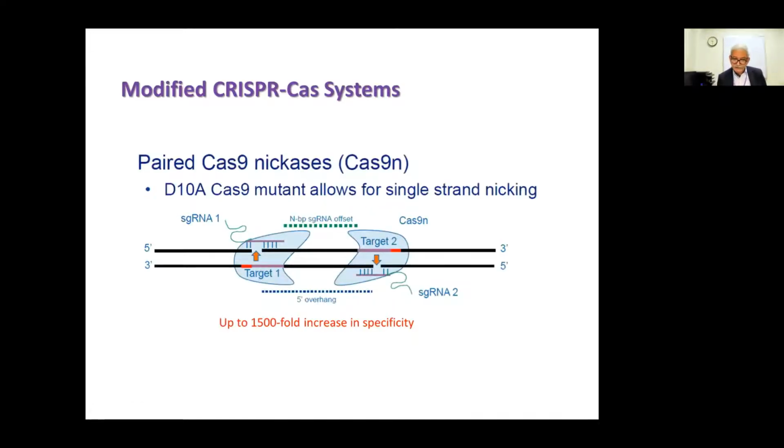The first one is Cas9n, also known as paired Cas9 nickases, where you don't use a single gRNA. You use a pair of gRNA.